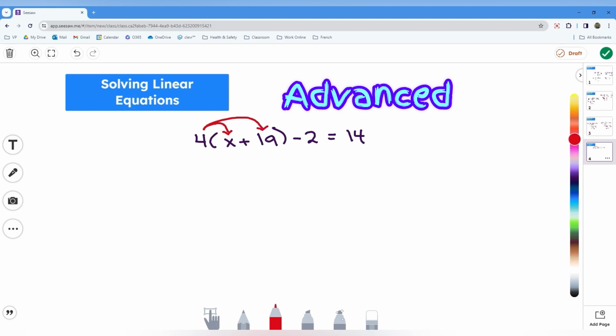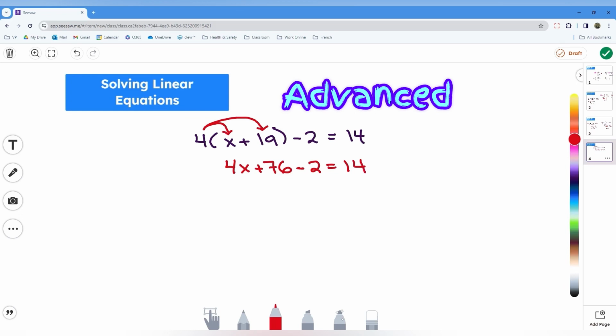So 4 times x just becomes 4x. What is 4 times 19? Well, that's 76. Since there is an addition here, I'm going to go plus 76. The 4 does not multiply to the minus 2 because it is not in the bracket, so I'm just going to rewrite minus 2.